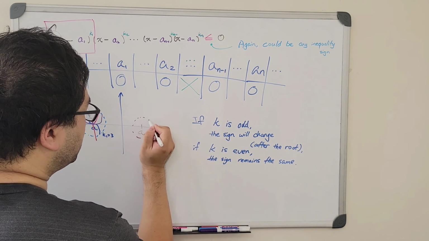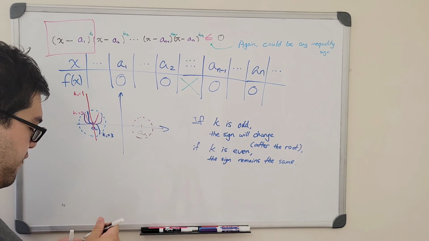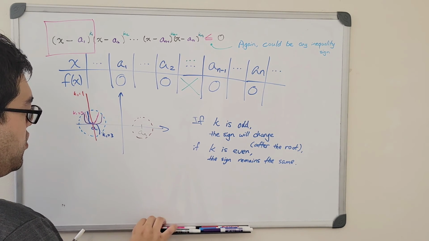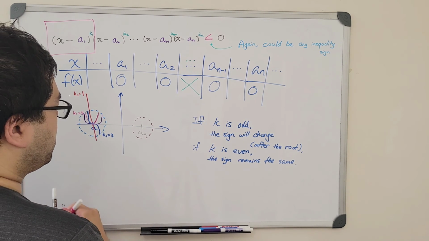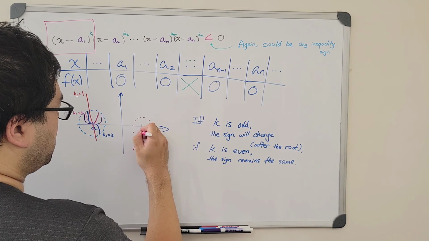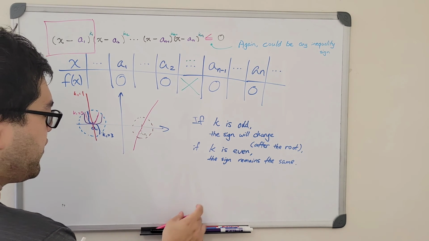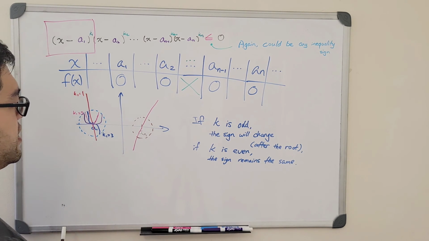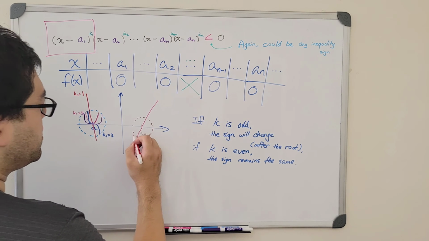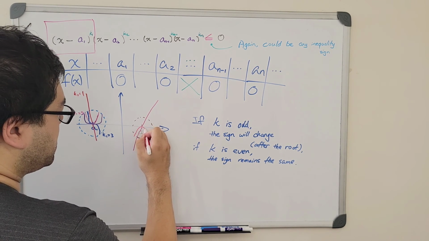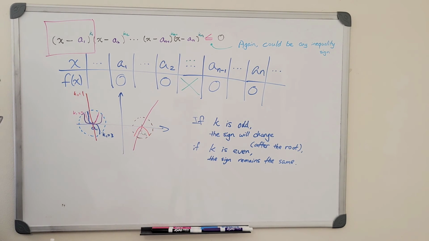We know that it has to start from negative. When it is far enough, it will look something like this. Let's say when kn is equal to 1, of course we know that it's linear, it will look like this. Now if kn is 2, then we'll get something like this, just like an upside down parabola.